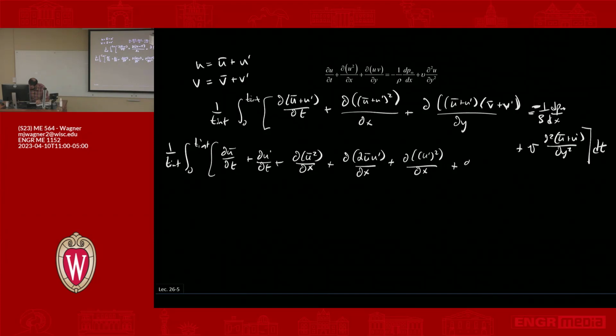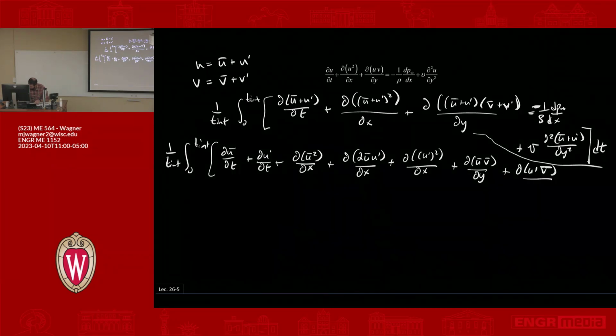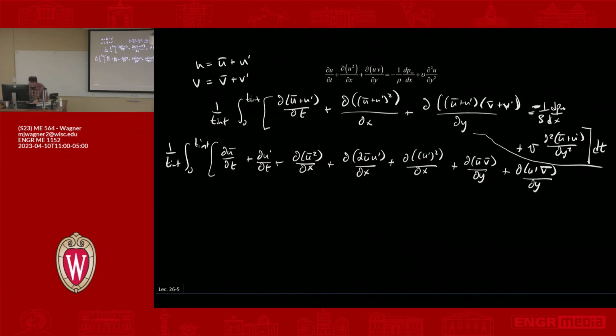We have partial u bar v bar, partial y. Then partial u prime v bar, partial y, almost there, plus partial u prime v prime, partial y, dt. There's a dt, believe me.